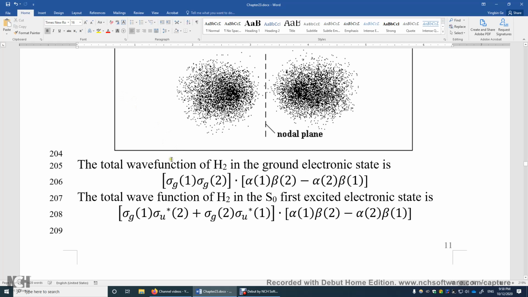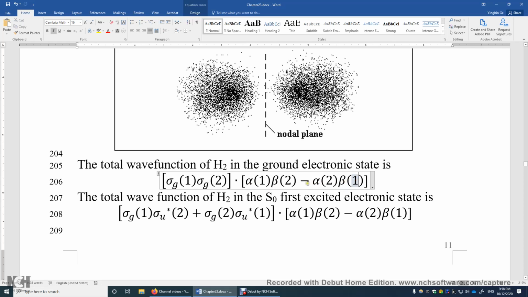In here, the spatial function is symmetric under the exchange of the two electrons. So if you swap 1 and 2, you'll get the same spatial function. No difference. The spin function is antisymmetric. If you swap 1 and 2, you change the sign of this spin function.